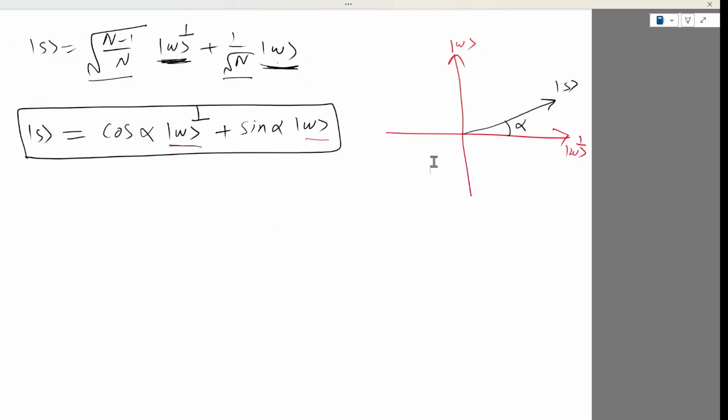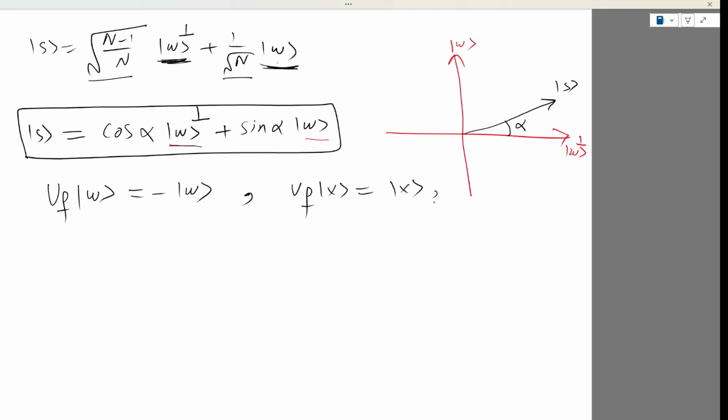Alright, so before I apply UF, let me just spell out again what UF is. UF is a function that if you give it a state W, which is actually the solution that we are looking for, it gives us the answer minus W. And if I input any state other than W, I get the same state out.